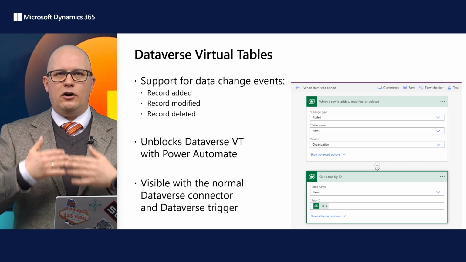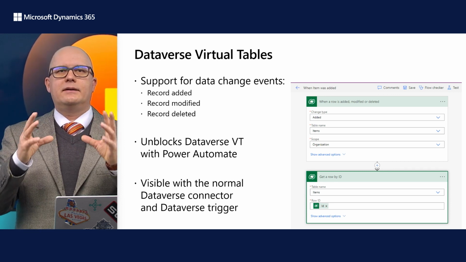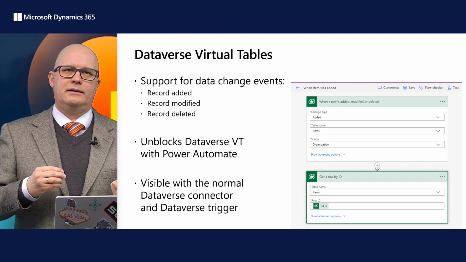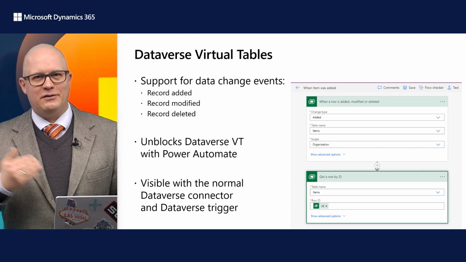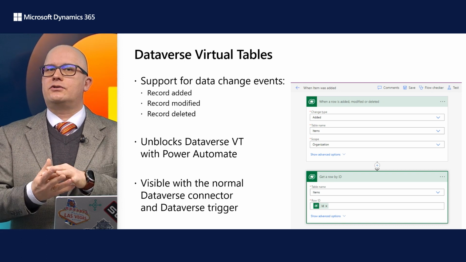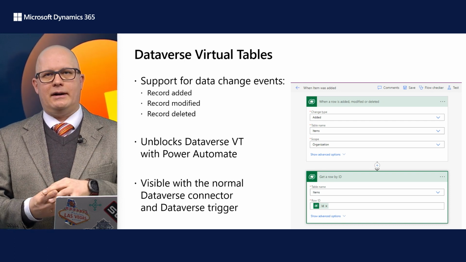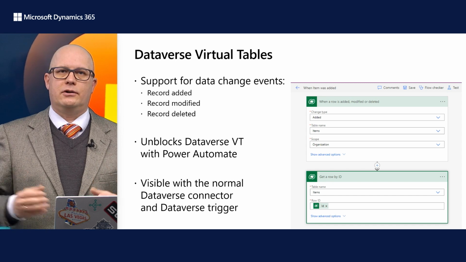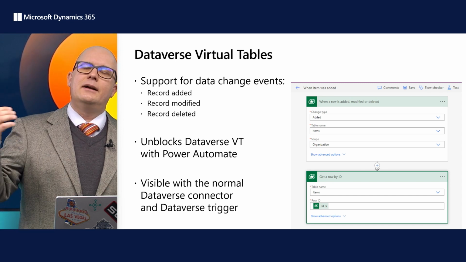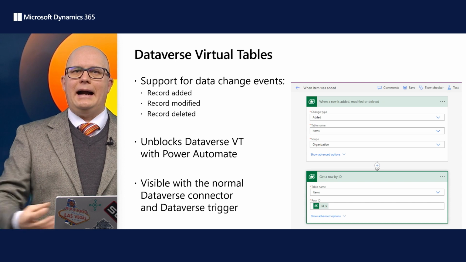So for you as a developer, as a maker, you treat both the Dataverse virtual tables and the Dataverse native tables in the same way, and you can construct Power Automate flows and Power Apps using a mixture of those tables. What is important is that previously you were not able to act on changes of data that were coming from Business Central through Dataverse virtual tables, and now you can. So it's right now much easier for you to build automation using Dataverse virtual tables in Dataverse.